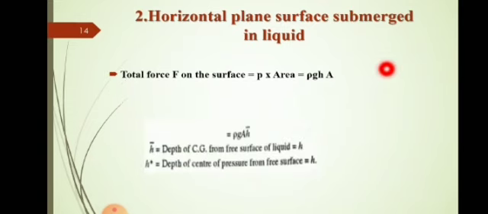The total pressure force will be equal to rho g A h bar. F is equal to rho g A h bar, and location of the center of pressure H star is equal to H. What is H? H is the total depth of the liquid. Okay, so two equations. F is equal to rho g A h bar. It is similar to the previous case itself, and the depth of the center of pressure will be equal to the depth of the liquid itself, H.